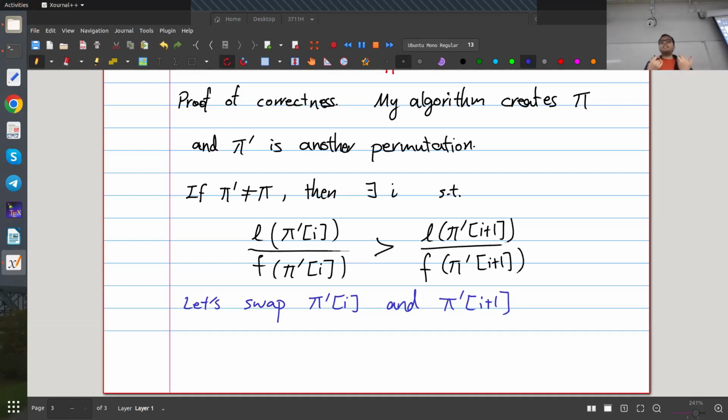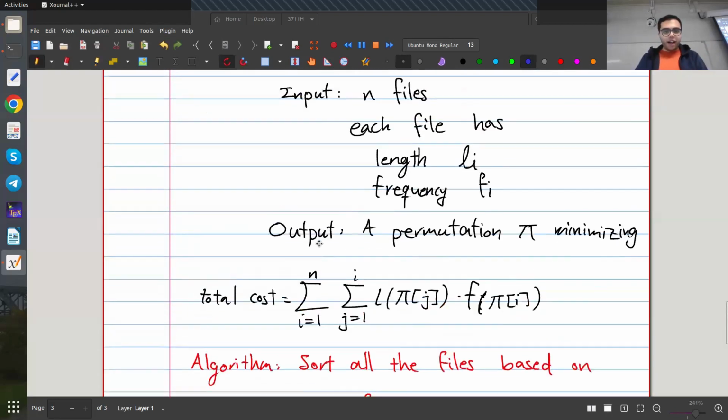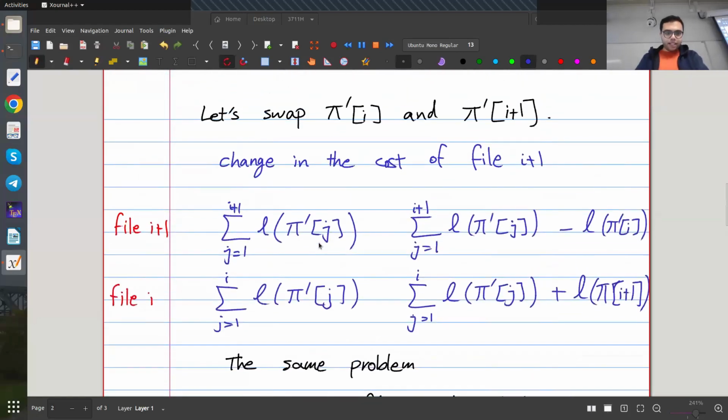I'm accessing them the same number of times, and they're in the same positions as before. If you look at all the elements from index 1 to index i minus 1, I didn't change anything for them either. The only things that can change are the costs of indices i plus 1 and i. So I'm exactly in this situation.